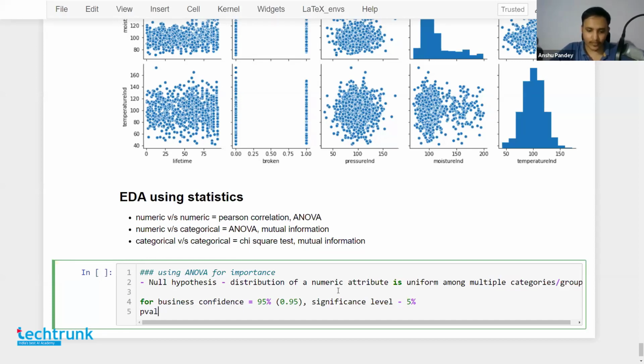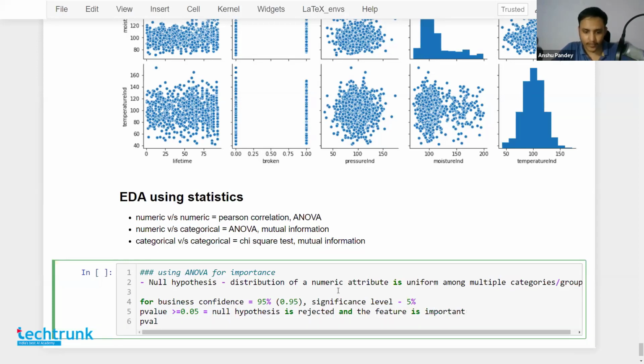So if the p-value is greater than or equal to 0.05, we say that the null hypothesis is rejected and the feature is important.